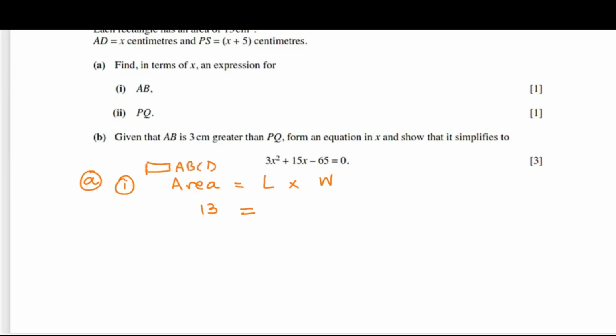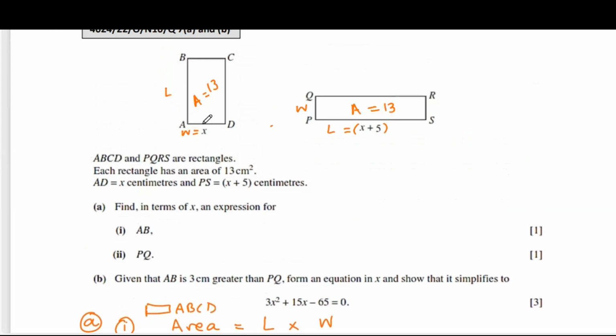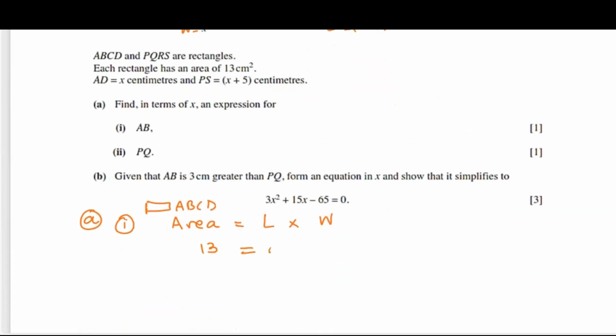So 13 equals AB times x. So AB will be, x is multiplying with AB, so it will be divided: 13 over x. This is the expression in terms of x for AB.